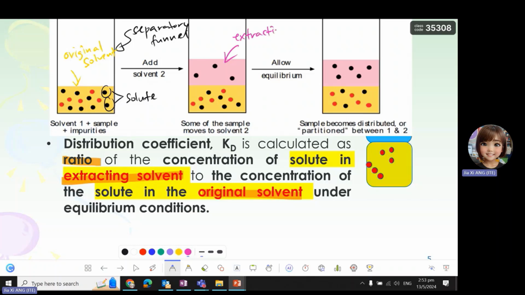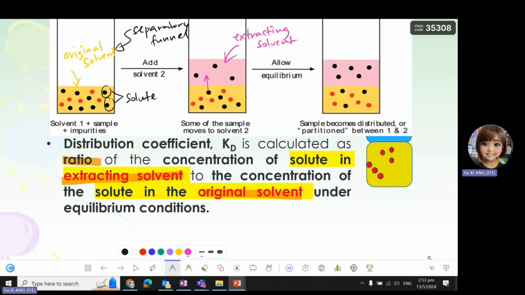So during the extraction process, I pour in some extracting solvent. When I shake, the solute will travel to the extracting solvent and get extracted from the original solvent.